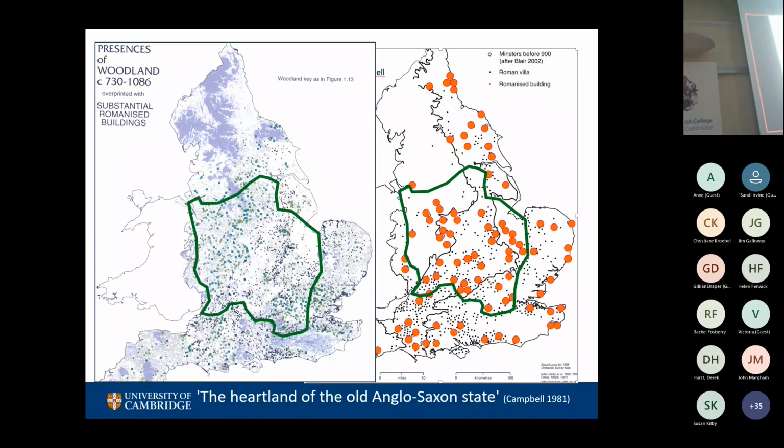There's Mercia, boundary of. There is the central province running down through it, and you can see a large number of minsters within that area. So what I'm suggesting is that there are these long-term traditions of cultivation in those areas where minsters were founded, in places where there was a long-term tradition of arable cultivation, was already a dependent population.